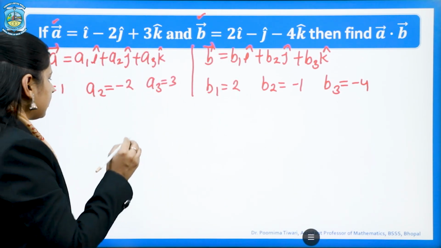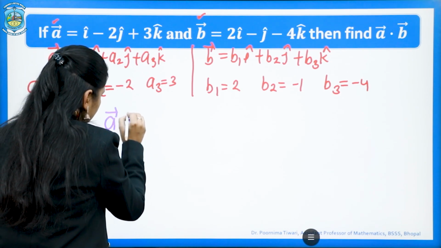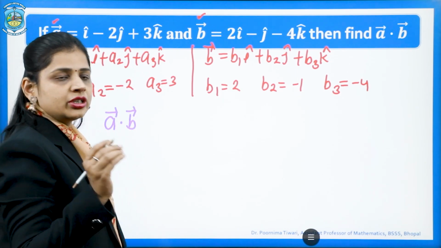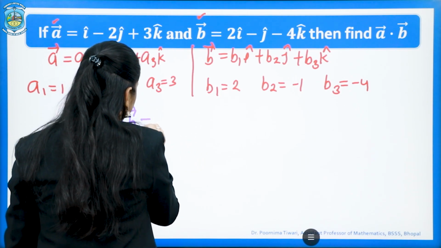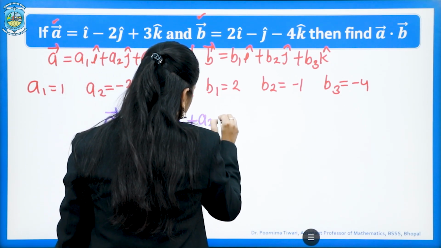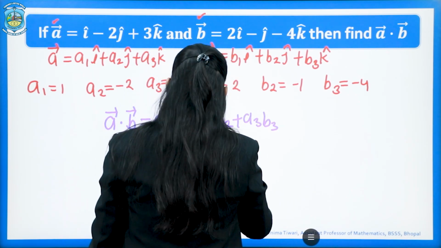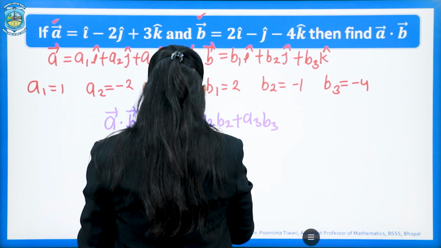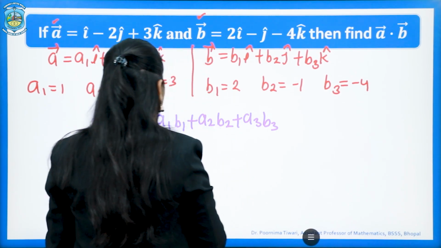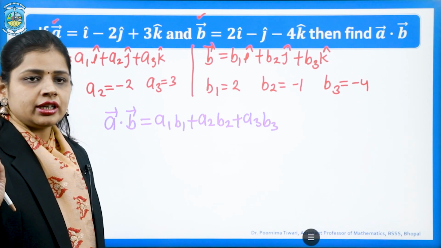Now, we will apply formula to calculate dot product of two vectors, which is A dot B is A1 B1 plus A2 B2 plus A3 B3, and we will substitute values of the coefficients A1, B1, A2, B2, A3 and B3.